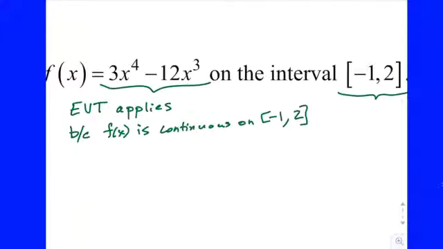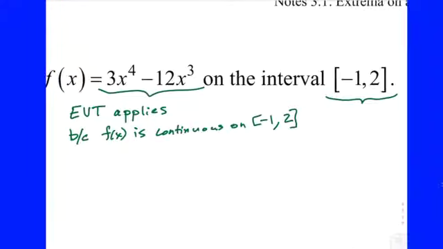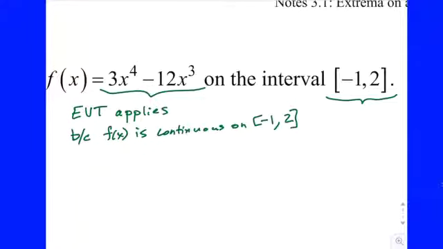That certainly would include the closed interval from -1 to 2. But you don't want to do it that way. You want to speak specifically to the theorem. So yes, it is continuous for all real numbers, but more specifically in this case, it's continuous on that given closed interval. So now I know there's going to be both a max and a min, and it can occur at either an endpoint or a critical value.